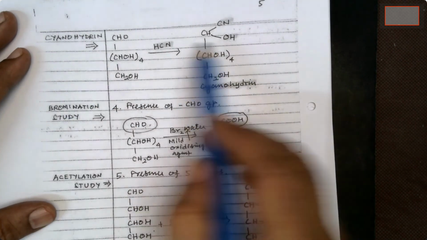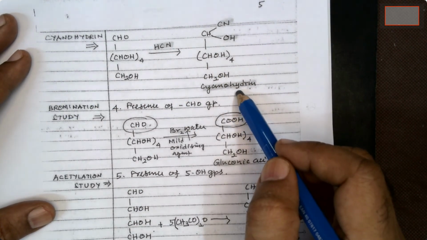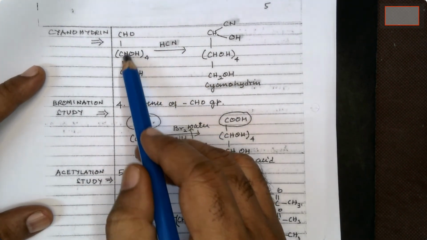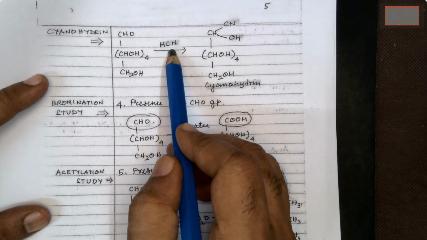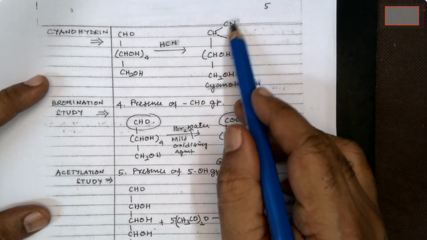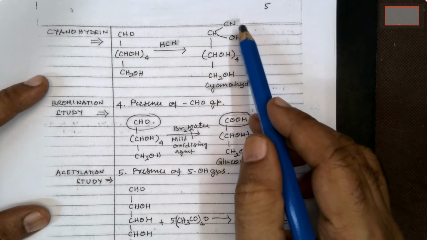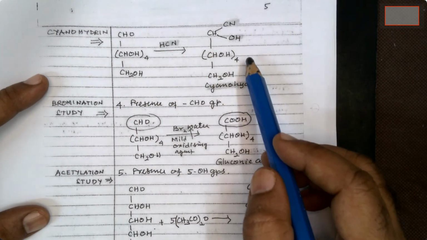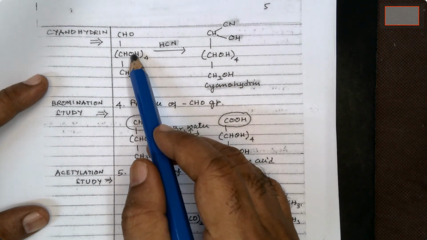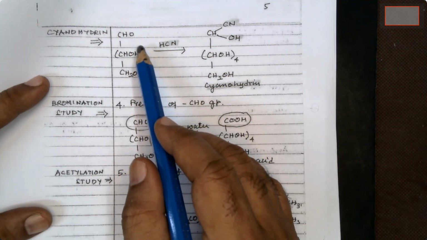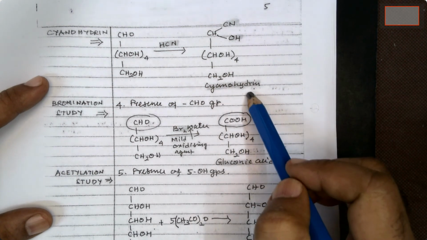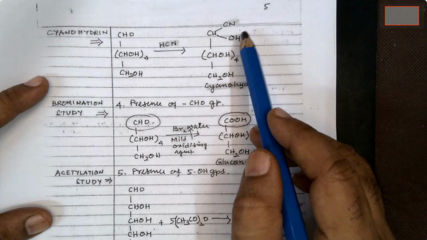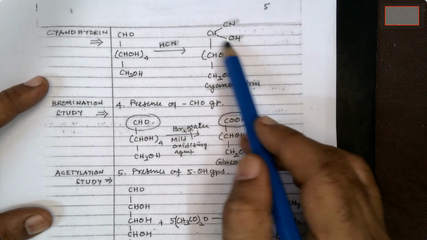Now let us proceed. Cyanohydrin formation was obtained here. When glucose is treated with hydrogen cyanide, it forms a cyanohydrin. Usually aldehydes give cyanohydrin, so this further confirms the potential aldehyde group. Cyanohydrin means a carbon atom bearing a hydroxyl group and also a cyanide group.